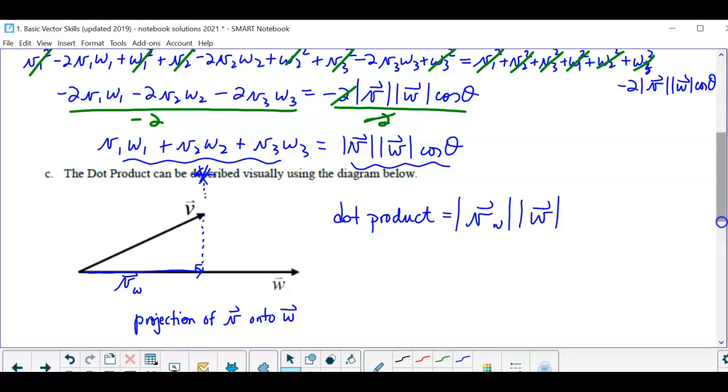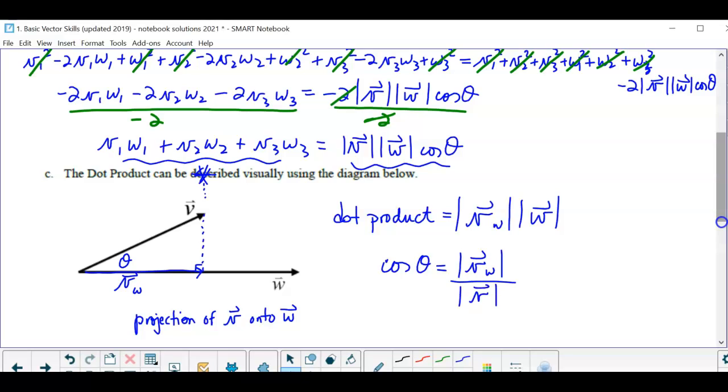Okay, now if we call this angle theta between the two vectors, then remember we've got a 90-degree triangle there. So cos theta is the adjacent side, which is the projection vector, magnitude obviously, over the hypotenuse.